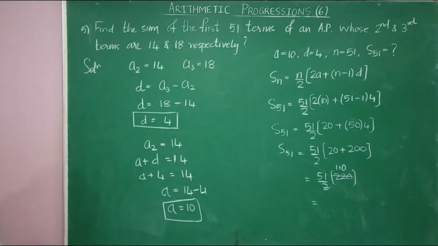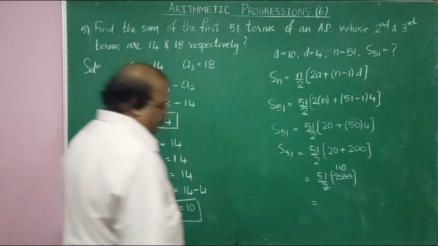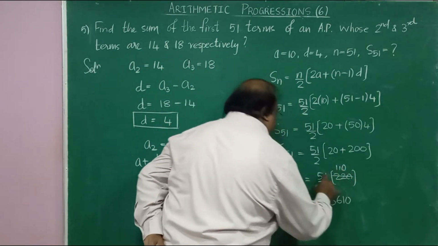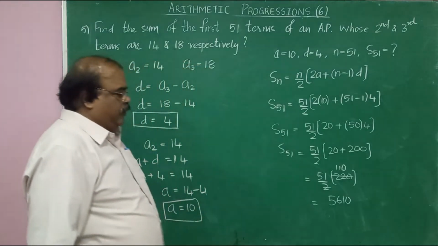So what's my answer? When you multiply 110 into 51, you will get 5610.